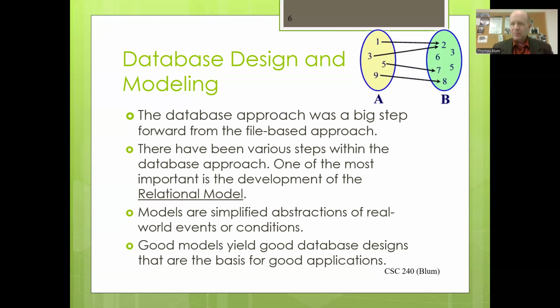We are usually modeling some situation in the real world, a store, a university, what have you. And for the relational database to work well, we need a good model. So design is crucial.